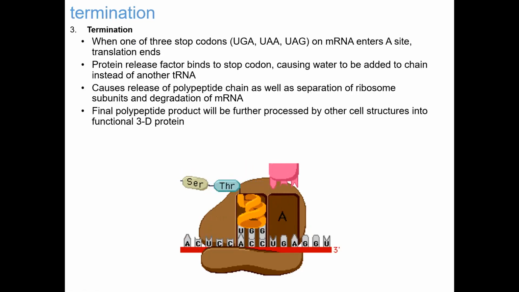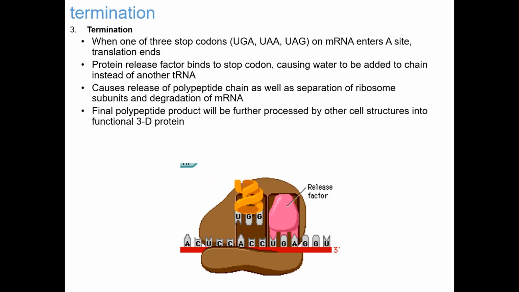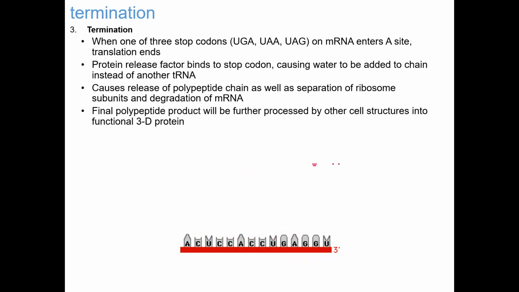Once we hit one of the stop codons, like UGA, that stops the process. It breaks the chain at that point. So we have an initiation codon and a stop codon, and the chain of protein, the polypeptide chain, is released.